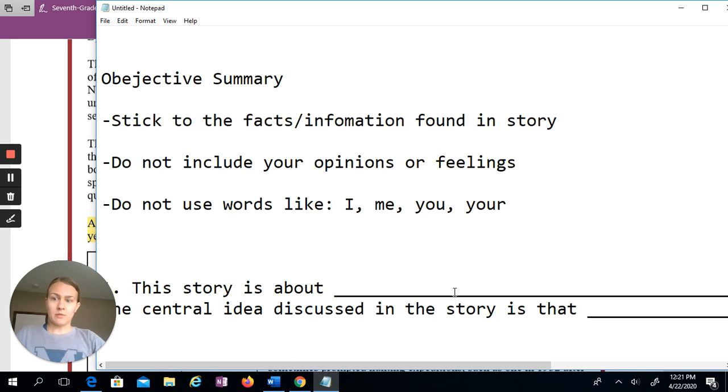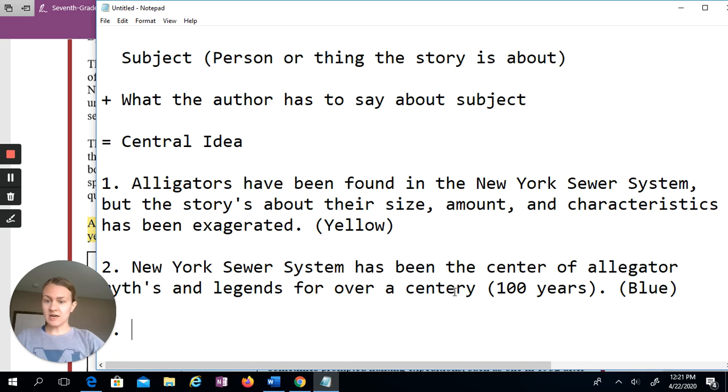All right, so I want you, if you want to, go ahead and pause right now, finish jotting down your notes about central idea, because then we're going to take those notes and we are going to answer question 1, which says, construct an objective summary of the text. I'll pull it up here.